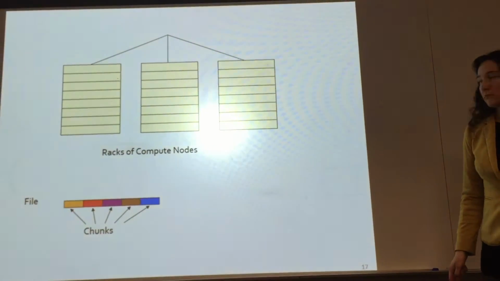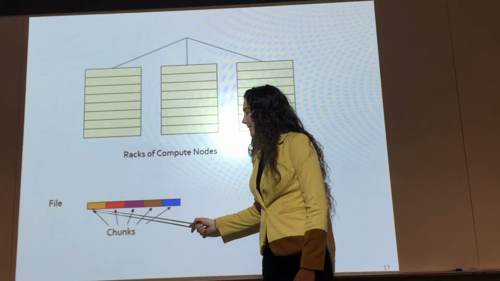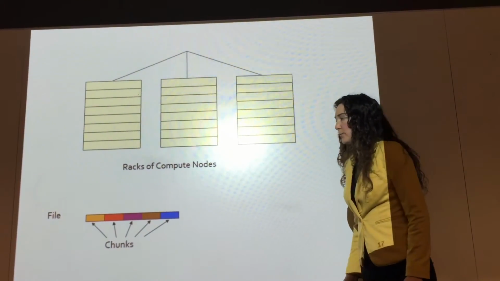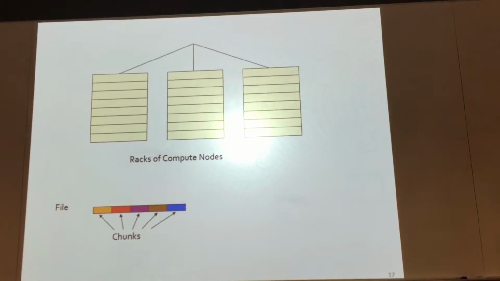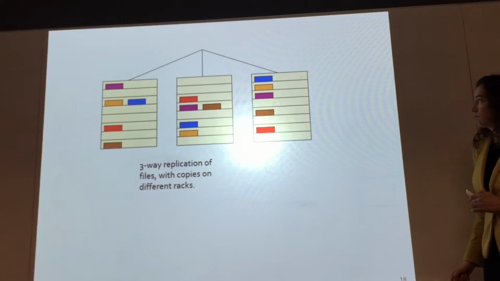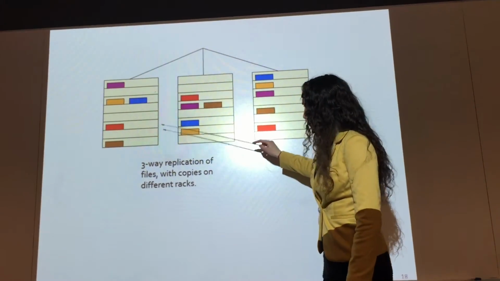Each of these chunks is 64 megabytes. So this file is 5 times 64 megabytes. So we will split it into pieces, and each of the pieces will go anywhere on these data nodes.